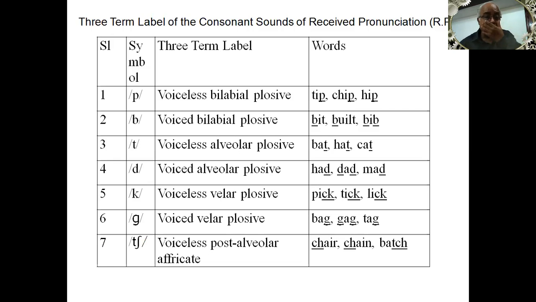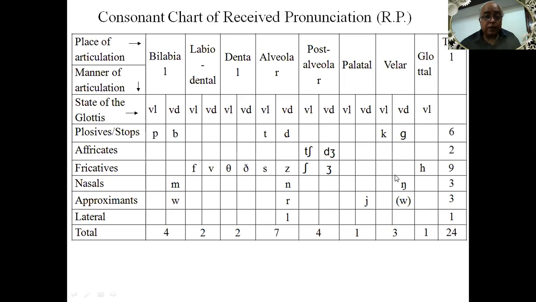Then there is a j, of course, which is a voiced post-alveolar affricate. Voiced, as we have earlier said, because the vocal cords are held loosely together and there is a lot of vibration in the vocal cords.